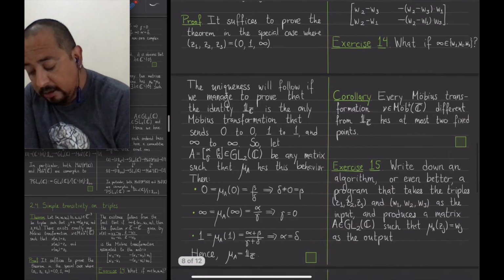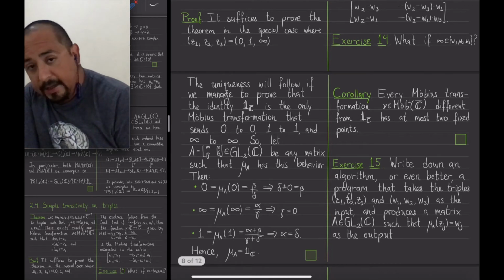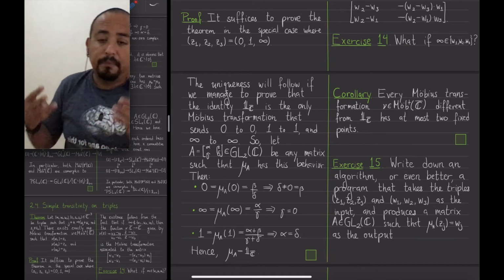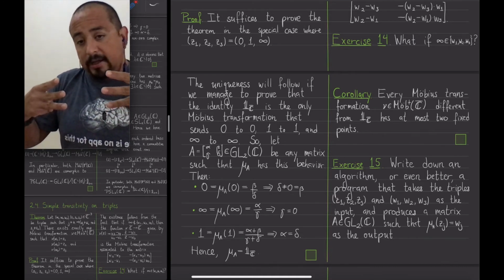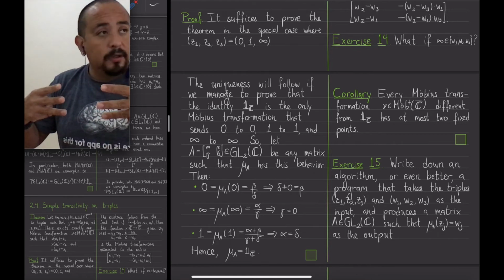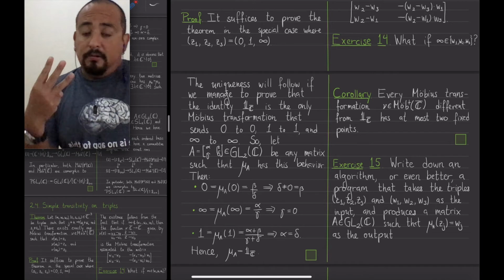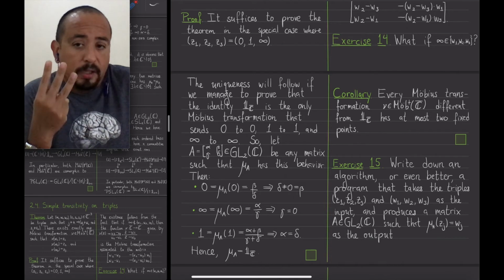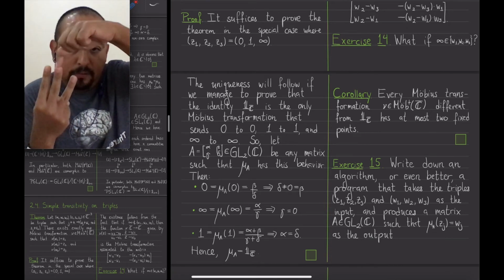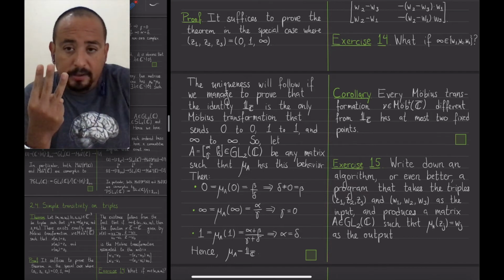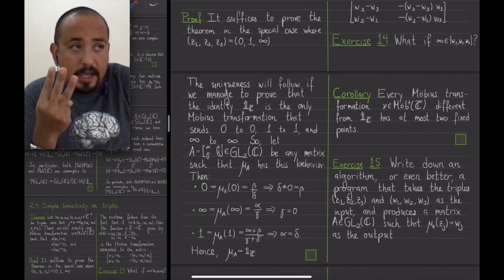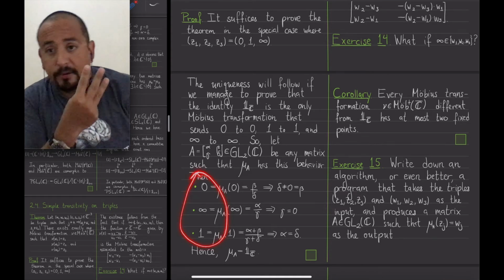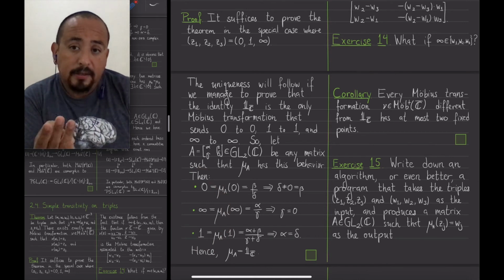And you see the corollary is that, well, since now we know that given any two triples of distinct points, there is exactly one Möbius transformation sending one to the other, and since we know that whenever you give me a triple of distinct points, there is always one Möbius transformation sending the first one to the first one, the second one to the second one, and the third one to the third one, namely the identity, we see that any Möbius transformation that fixes any 3 points, now not necessarily these ones, but any 3 points, is the identity.